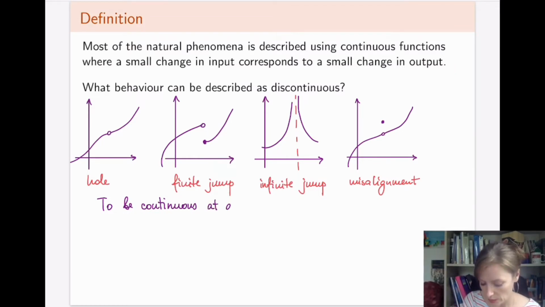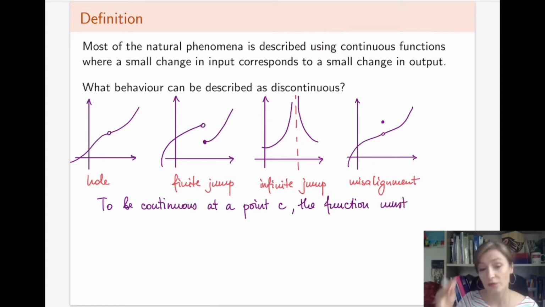So to be continuous at a point, let's call it c, the function must avoid all of these above situations. So let's come up with a description that will make the function not able to have a hole at c, or a finite jump, or an asymptote, or a misalignment.